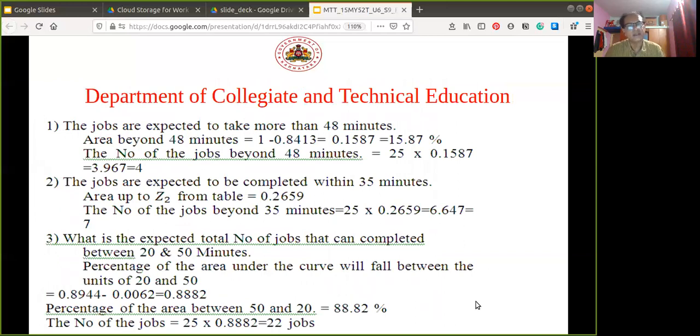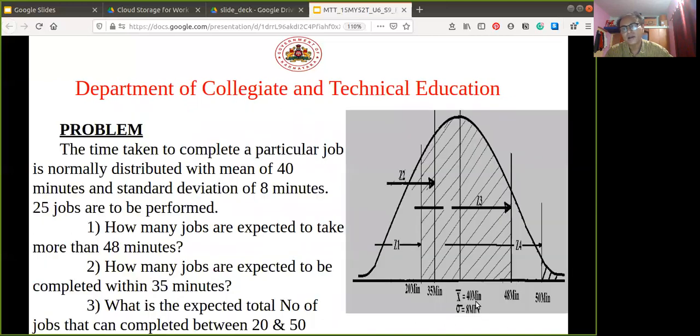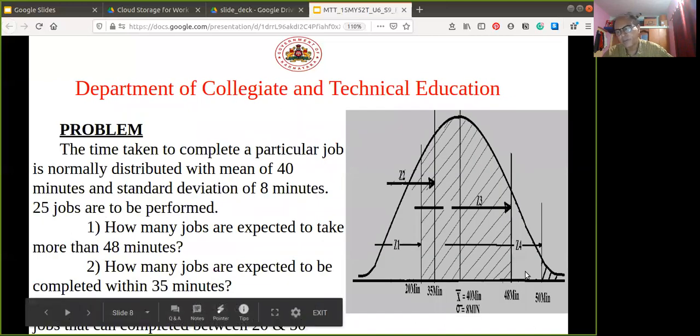Then we can calculate the number of jobs expected to take more than 48 minutes. What does that mean? The jobs expected to take more than 48 minutes. So from the curve, it means the area beyond Z3. The area up to Z3 is the jobs completed in 48 minutes.